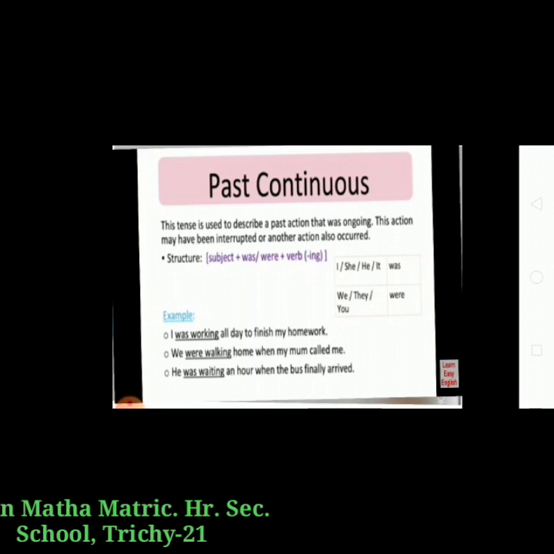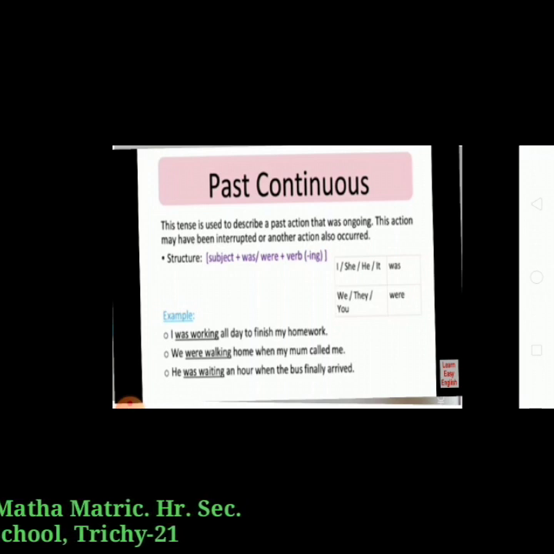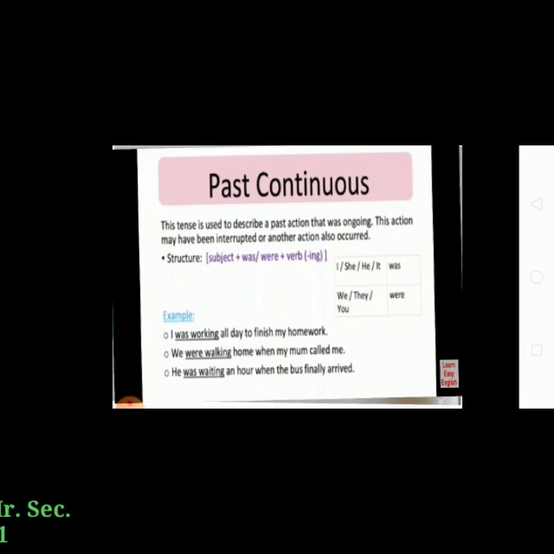Next, to express an action in progress at some point of time in the past when another event took place. For example, she was cooking when the guest arrived.